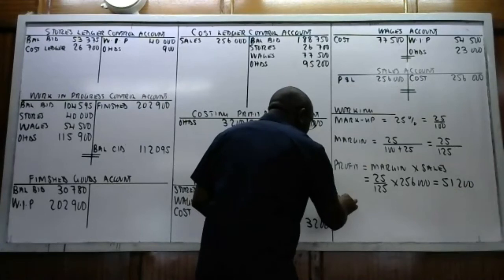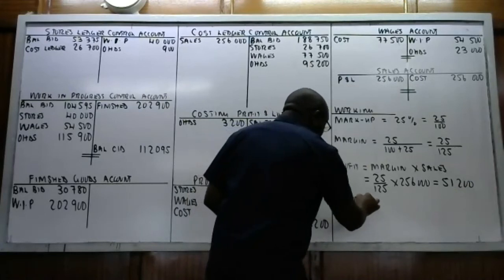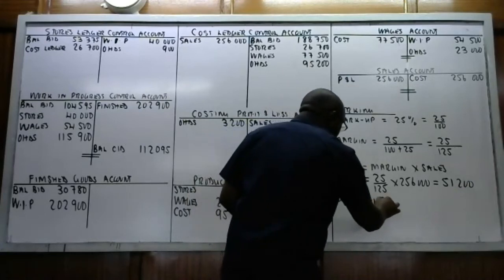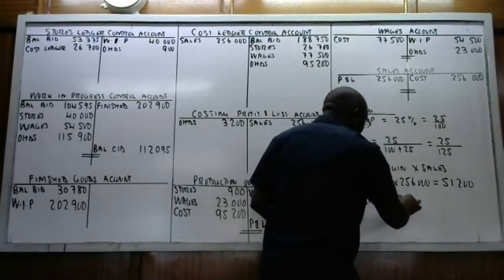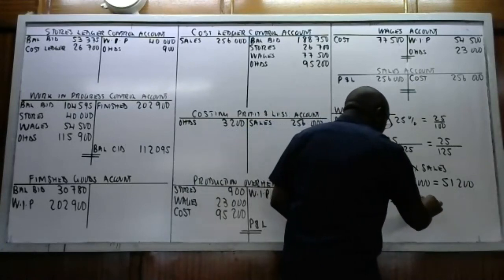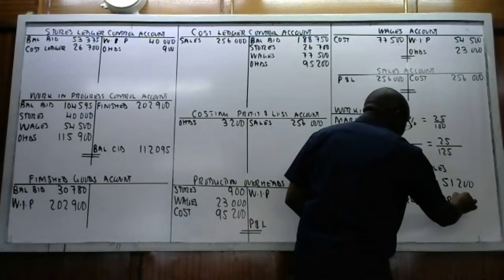So the cost of sales should then be sales minus profits.